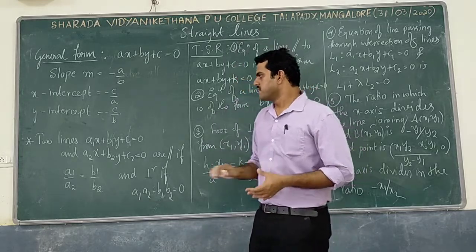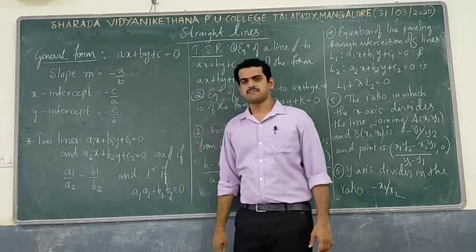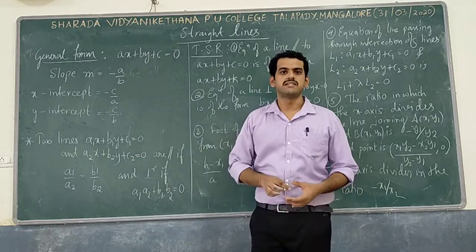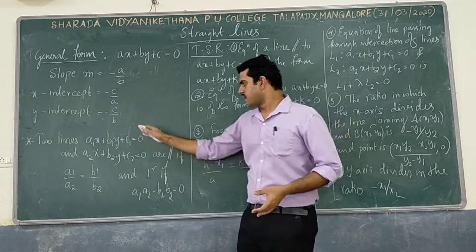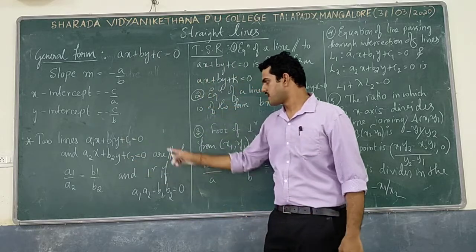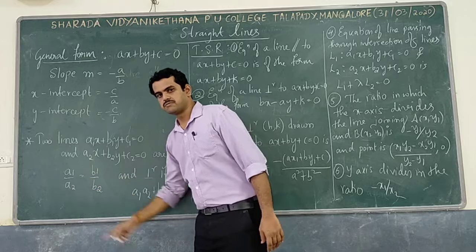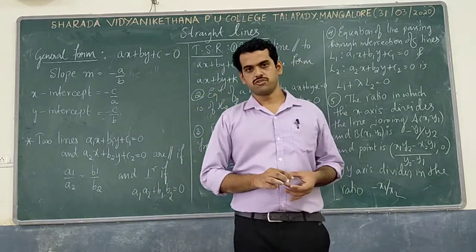Suppose we take two different lines, a1x + b1y + c1 = 0 and a2x + b2y + c2 = 0. Then the two lines are going to be parallel only if a1 by a2 is equal to b1 by b2. This ratio should hold good.